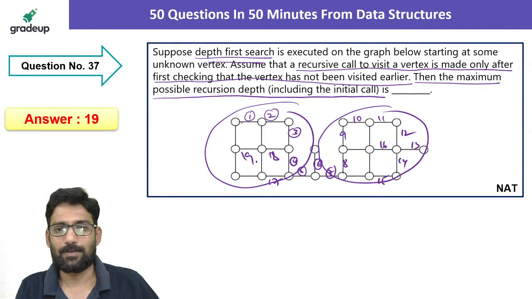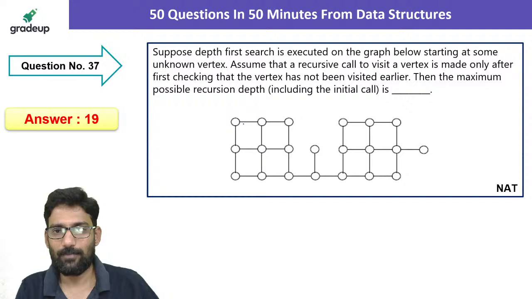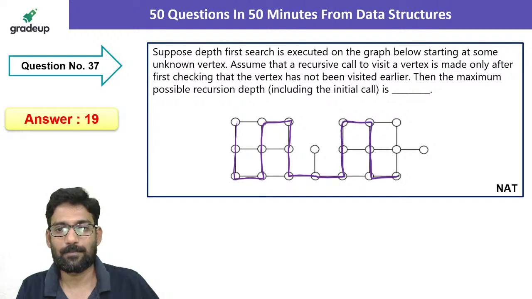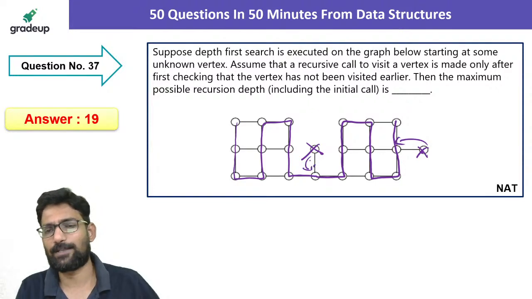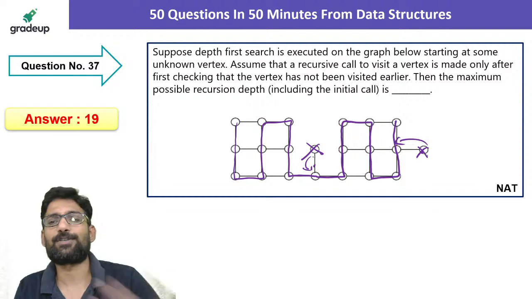Okay. So like this. Depth first search, no? You can just go in this way. So this you can exclude, or this you can exclude. Exclude means it's not actually excluding the recursion depth.